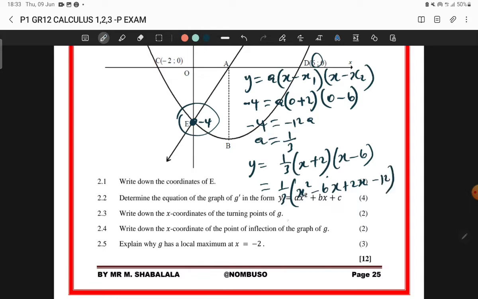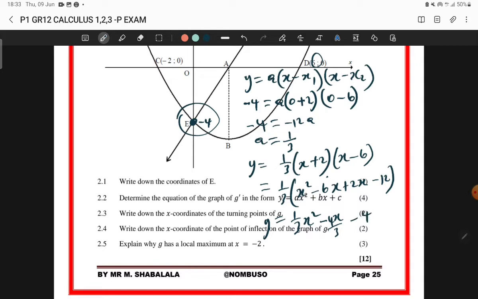Then of course when we simplify, we have y being equal to 1 over 3 x squared, then negative 4 times 1 over 3 is negative 4 over 3 x, then we also have negative 4.